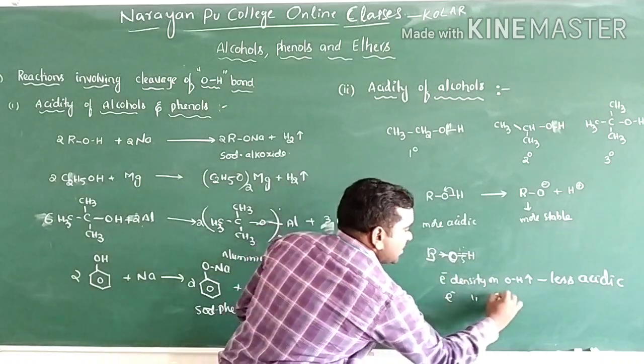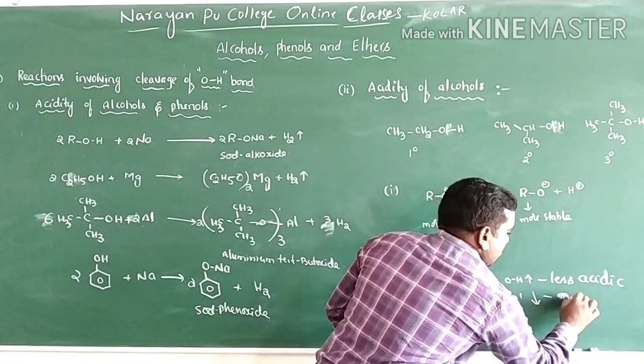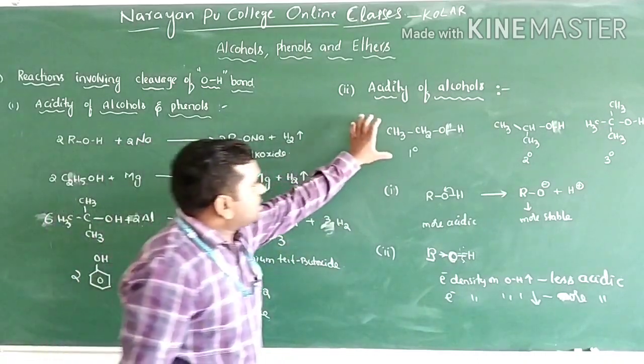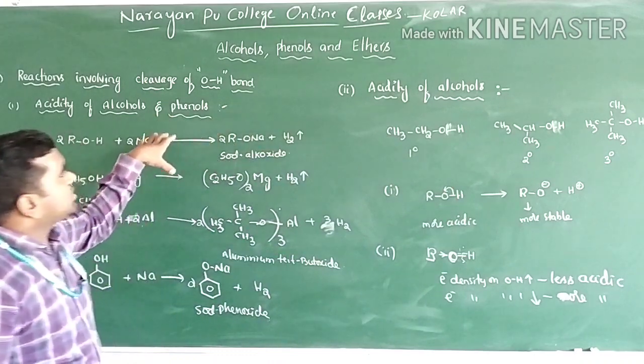If electron density on OH is less, then it is more acidic. This is the concept. Then we will explain among the primary, secondary, and tertiary which one is more acidic.